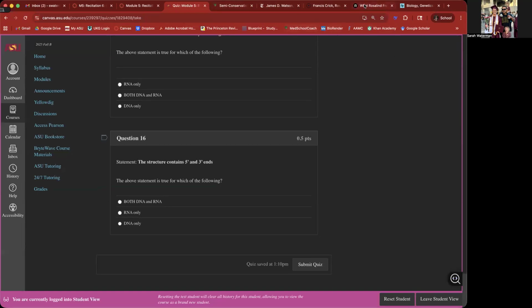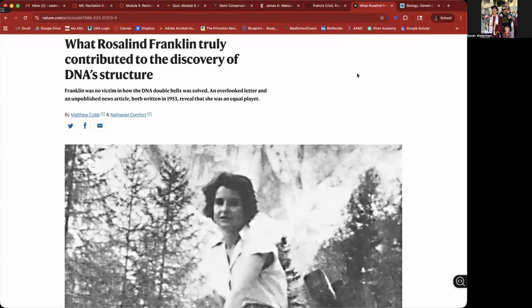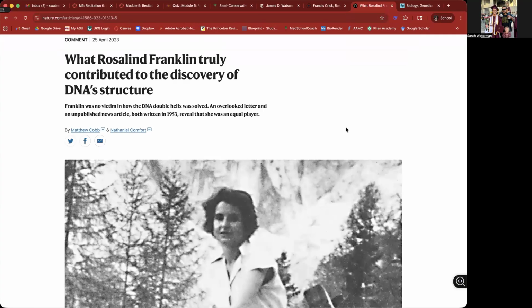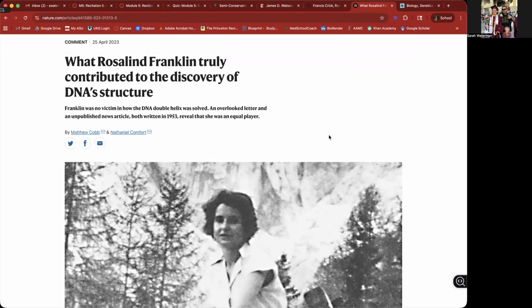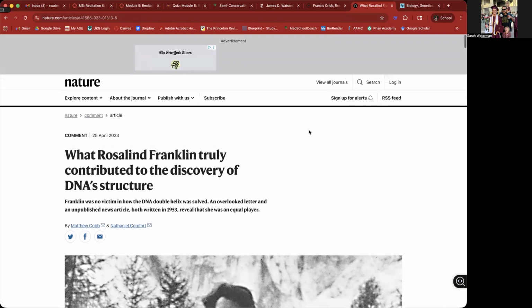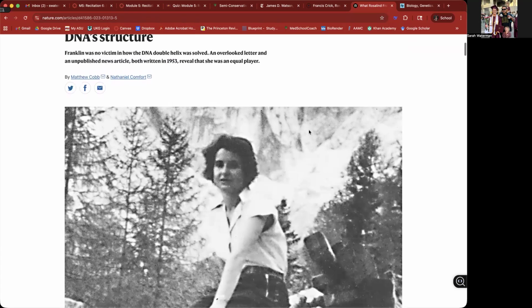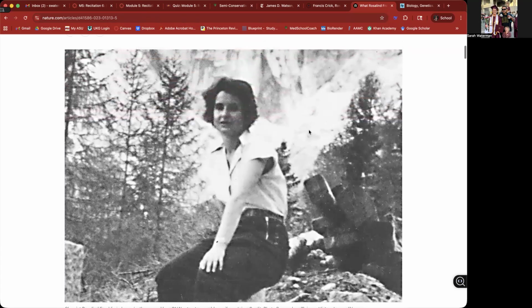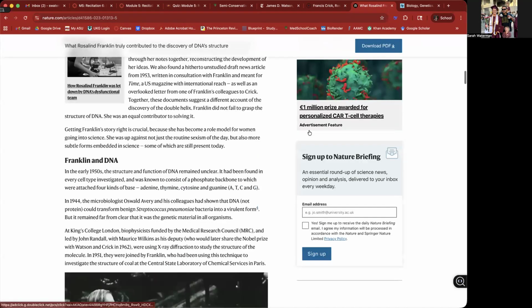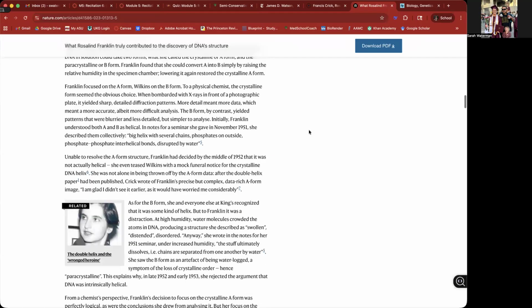I have also included some really interesting articles about the discovery of the DNA structure and how we came to understand DNA. I would love to put out a big shout out to Rosalind Franklin, who is actually the one who first took a picture of the DNA structure.